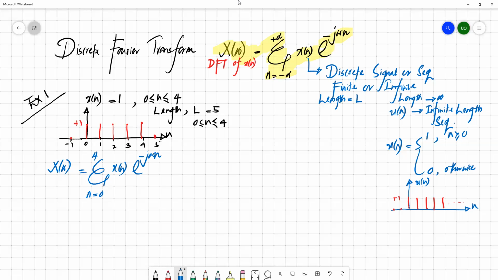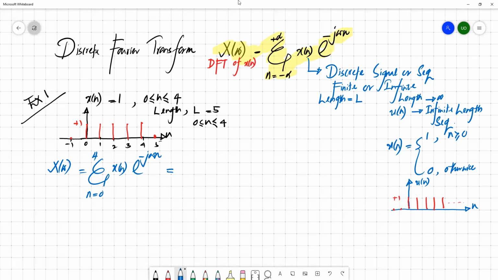The general sum has infinite samples, but the example here has finite samples. We have 5 samples, so the summation is truncated to n equals 0 to n equals 4.